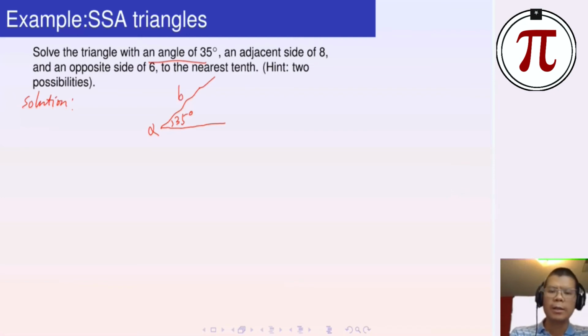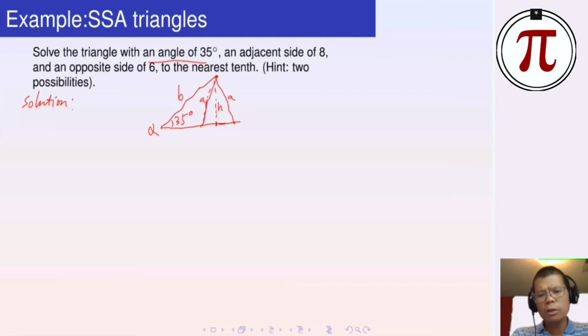And the opposite side is 6. So this is h. This might be A, or this might be A, right? So it has two different possibilities.